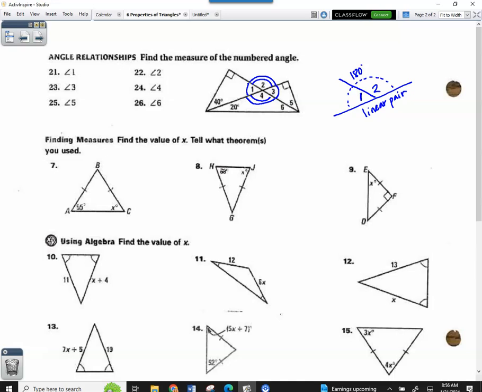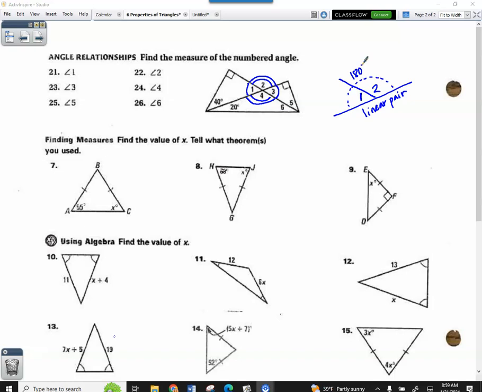These should be nice, pretty numbers. There's no decimals. And the angles we do know are 40 and 20, so you could probably do some of this in your head. Take a second and find the measure of the angles that it asks for. If you will label your picture as you go, it makes the problem easier.